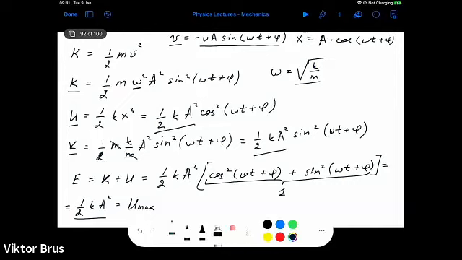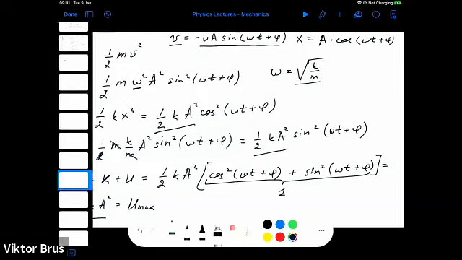So you will see that, of course, total mechanical energy decreases. But for this particular case, when we consider frictionless simple harmonic motion, the sum of kinetic and potential energy, total mechanical energy, is a constant of simple harmonic motion.